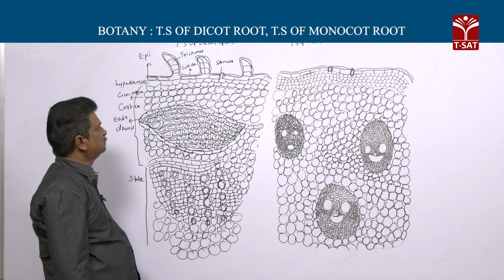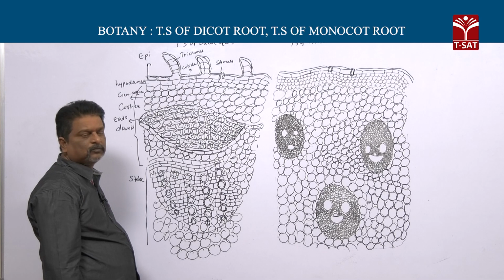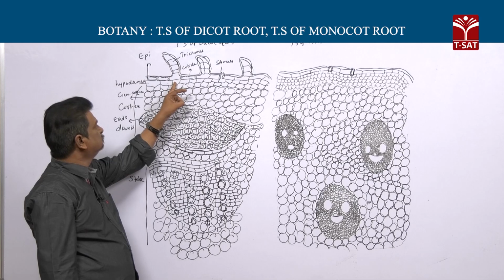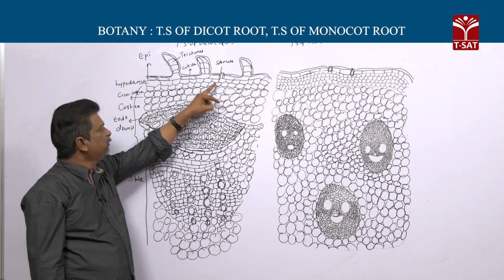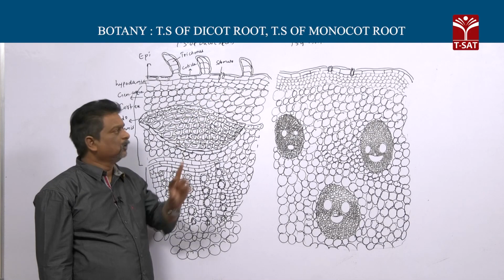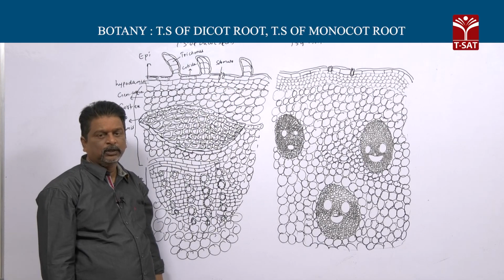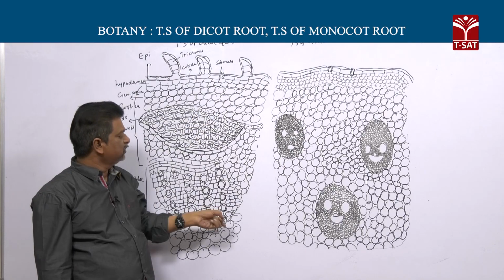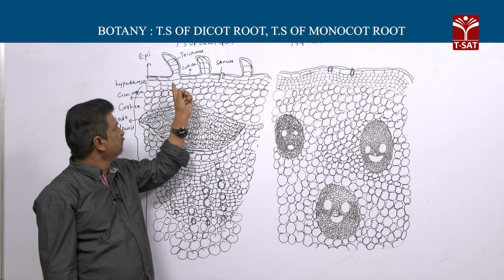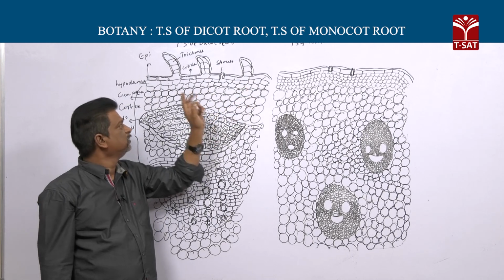Hypodermis, it is present below the epidermis. Generally, hypodermis is several layered, and particularly in dicot stem, this hypodermis is formed by collenchyma. Then in helianthus, sunflower, this collenchymatous hypodermis is homogeneous.